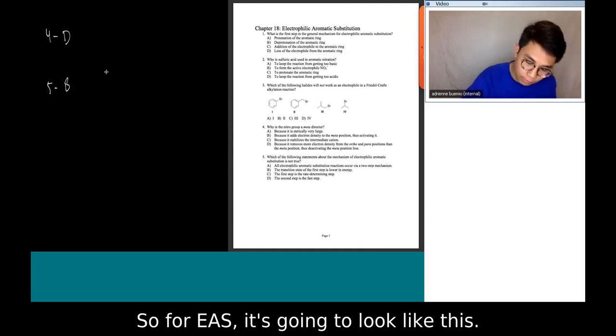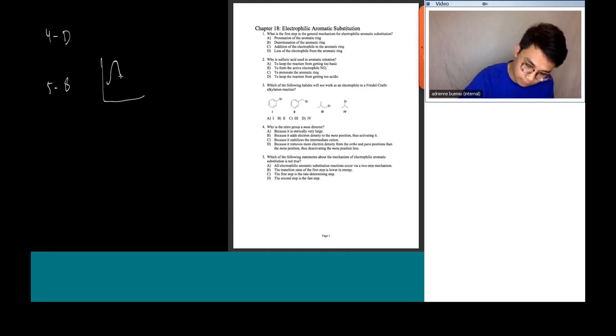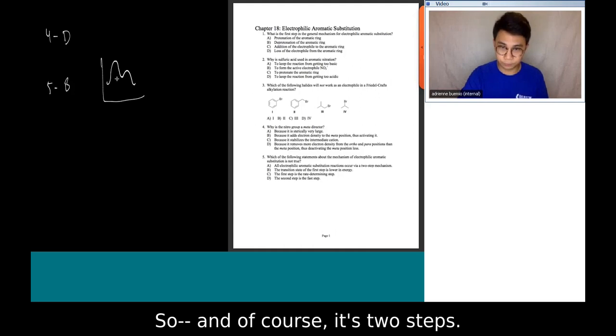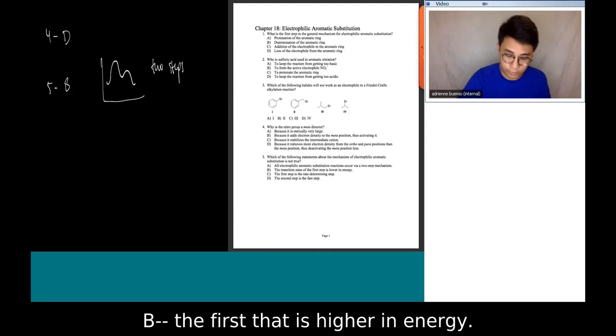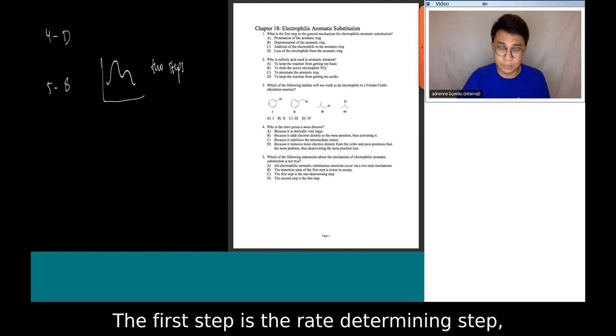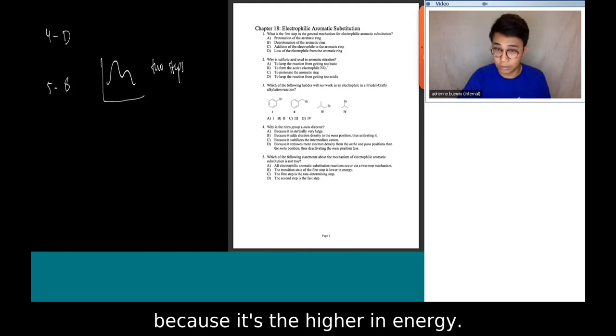So for EAS, it's going to look like this, right? It occurs in 2 steps. We have 2 steps here. B, the first step is higher in energy. The first step is the rate determining step because it's higher in energy, right?